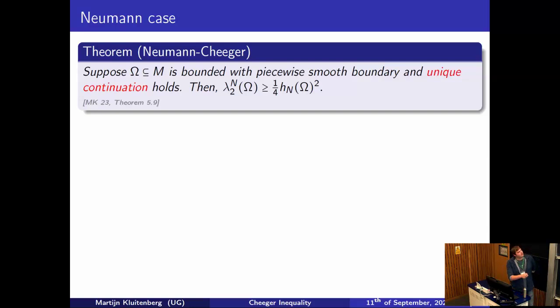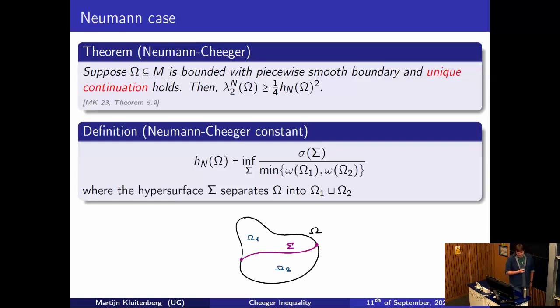Now we have an inequality on the second Neumann eigenvalue, because the first one is always 0. It's still greater than 1/4 times the Neumann-Cheeger constant. I explain now what the Neumann-Cheeger constant is. It is the infimum over the area of some hypersurface that cuts the domain into two parts, omega1 and omega2, divided by the minimum of the volume of omega1 and omega2.